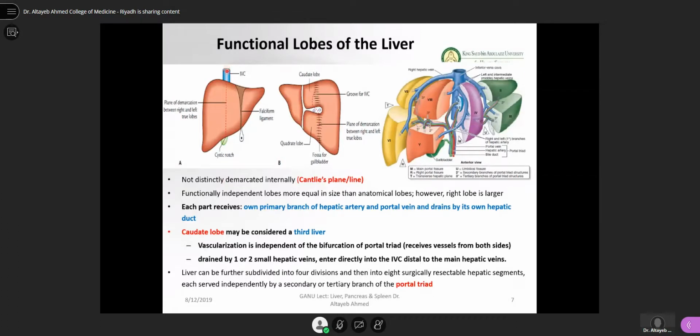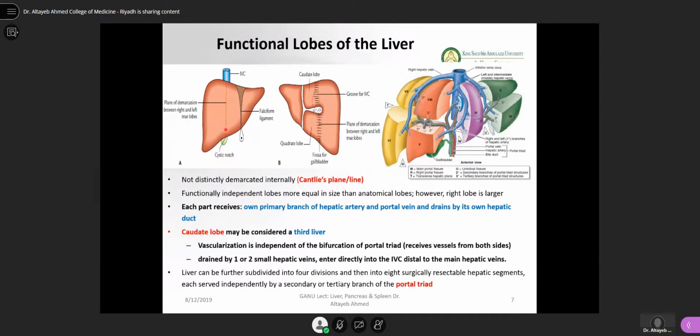This is an imaginary line extending from the inferior vena cava above to the gallbladder below. It divides the liver into right and left lobes. Still, the right is larger than the left. Each one of these lobes has a specific portal artery, portal vein, and it drains into a specific hepatic duct.